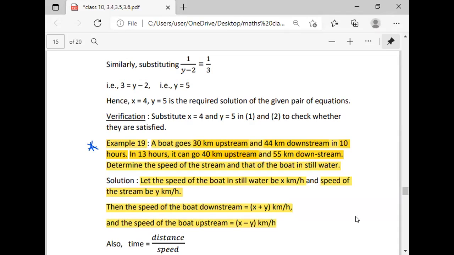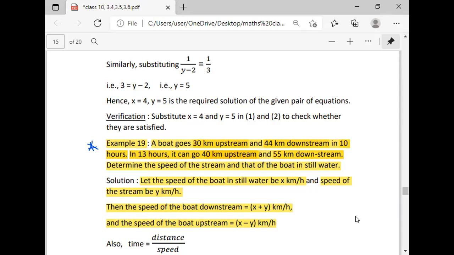How is it getting lower? It's because the highest speed will be the speed of the boat in still water, which will usually be greater than the speed of the stream. So we are taking the difference, x minus y kilometer per hour.